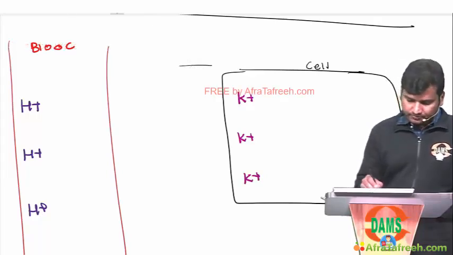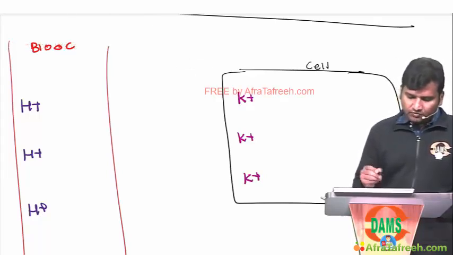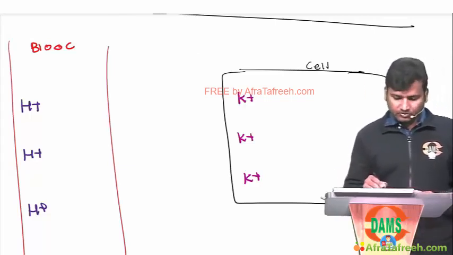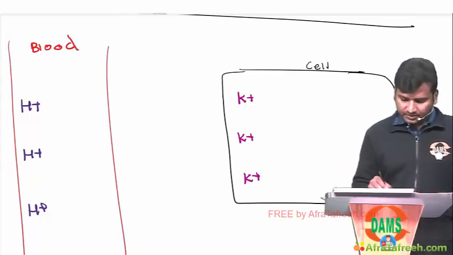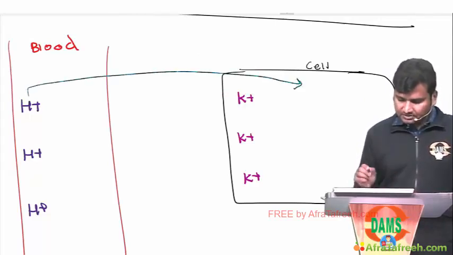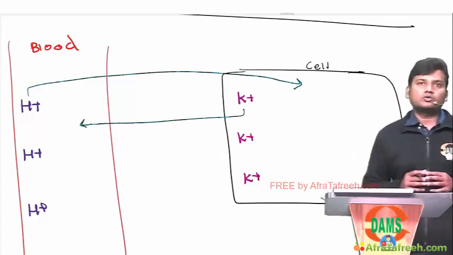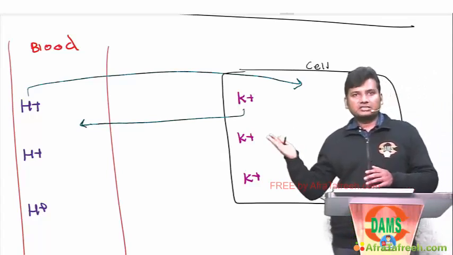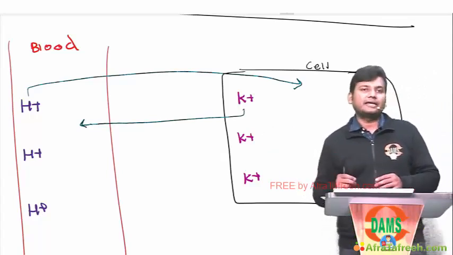Now our body wants to remove H plus ions from blood, and to remove them, our body will exchange these H plus ions with potassium ions of cell. So hydrogen from blood will enter the cell, and potassium from cell will enter blood.